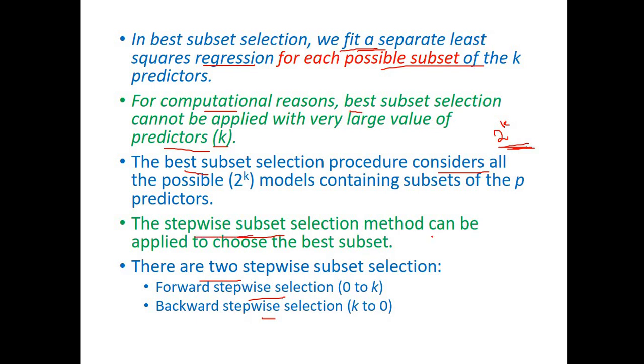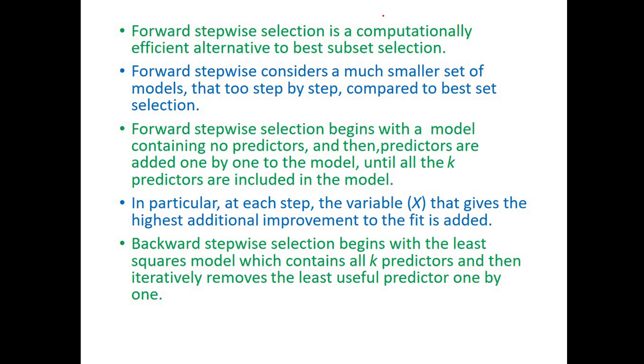The stepwise subset selection model is also used to choose the best subset. It follows two methods. One is the forward stepwise selection model. Another one is the backward stepwise selection model. In the forward stepwise selection model, it starts with a smaller subset and increases one predictor at a time, and it finds a model that includes the predictors that give more accurate predictions.